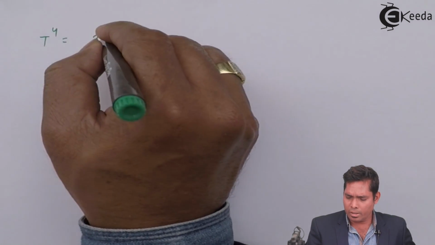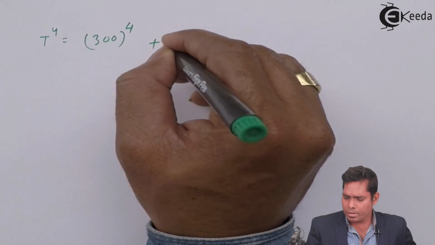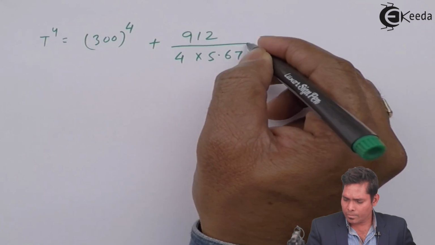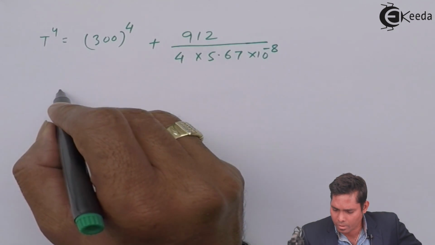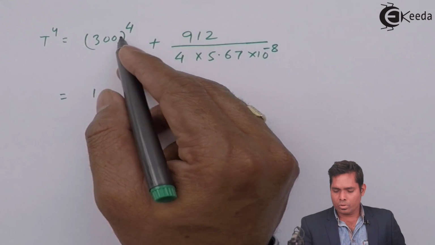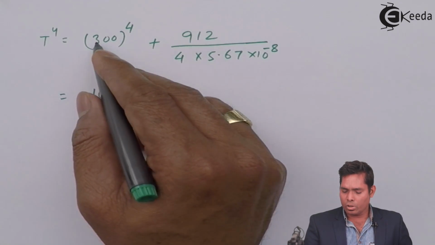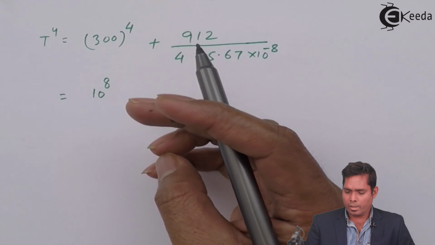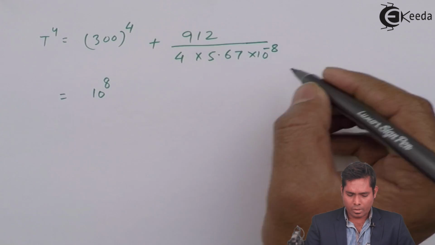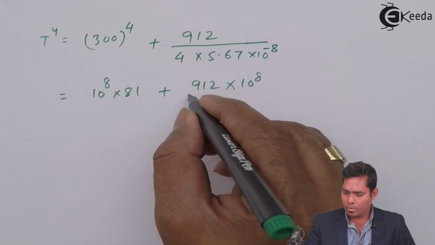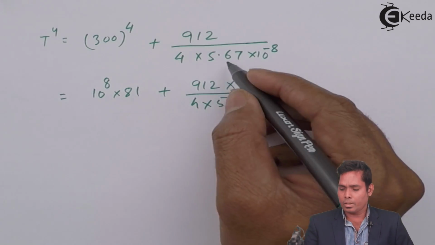Putting in the values, T naught is 300, the given surrounding temperature, so that is 3 raised to 4, which is 81, times 10 raised to 8, plus 912 times 10 raised to 8 divided by 4 into 5.7, because sigma is given as 5.7.